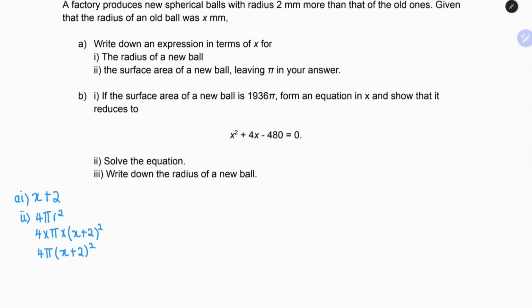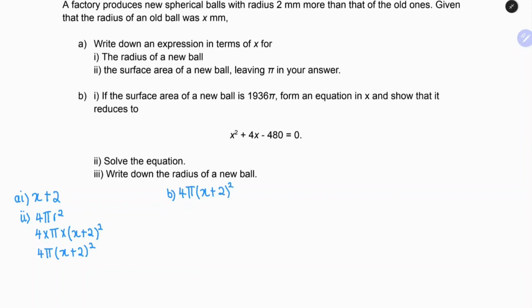It says if the surface area of a sphere is 1936 pi, form an equation in x and show that it reduces to x squared plus 4x minus 480 equals 0. So there's another reduced question. What it's basically saying is, remember where we calculated the surface area in the top question, so I can immediately write the surface area because I know what it is.